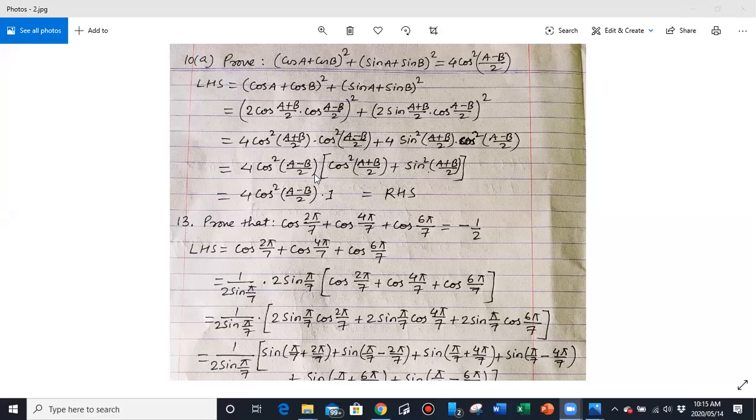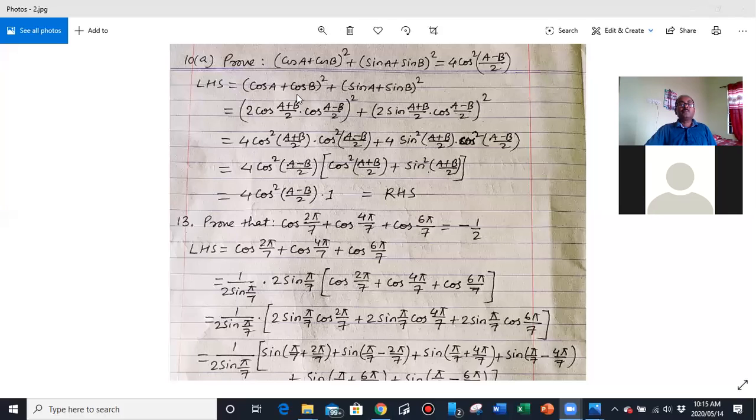So I hope you have read the question. Okay. (cos A plus cos B) whole square plus (sin A plus sin B) whole square. So apply the cos C plus cos D formula with a square outside.